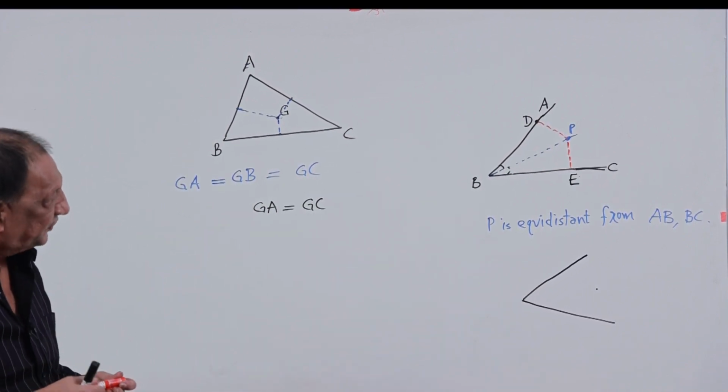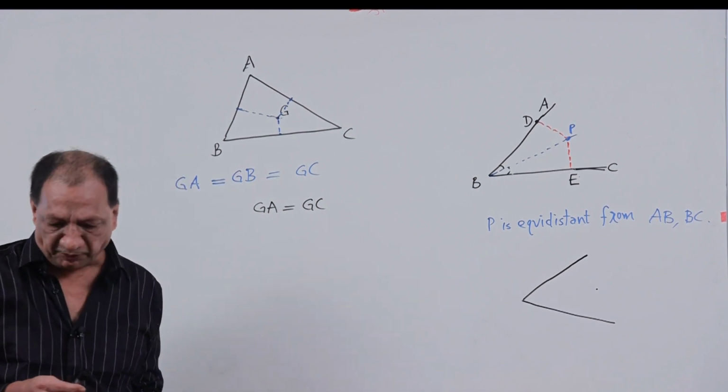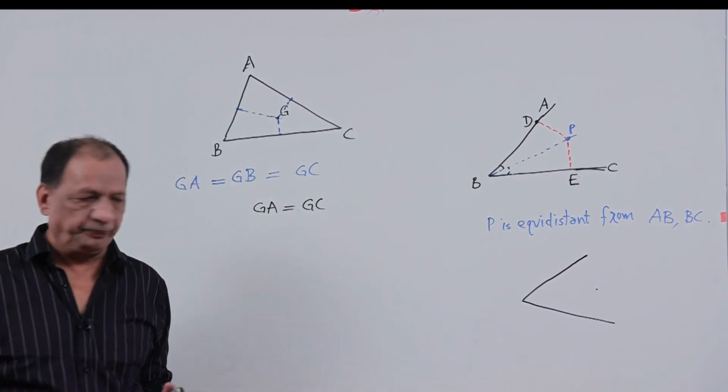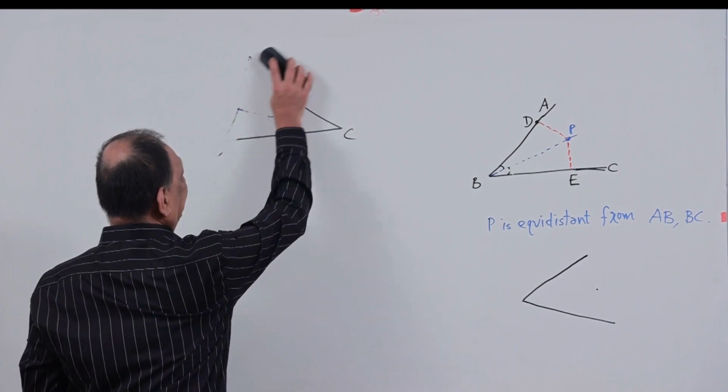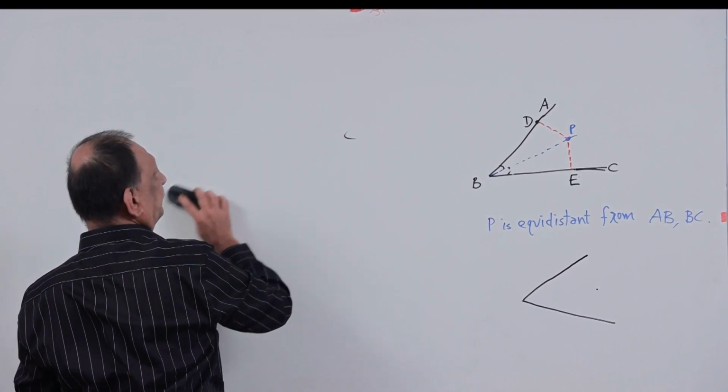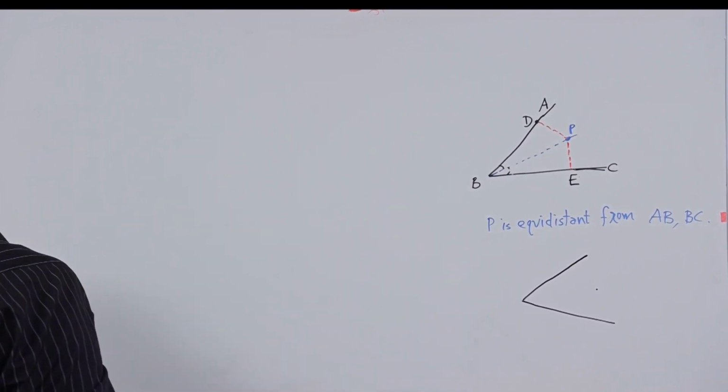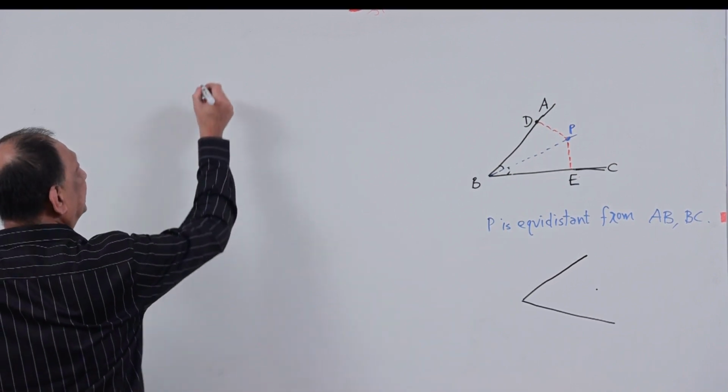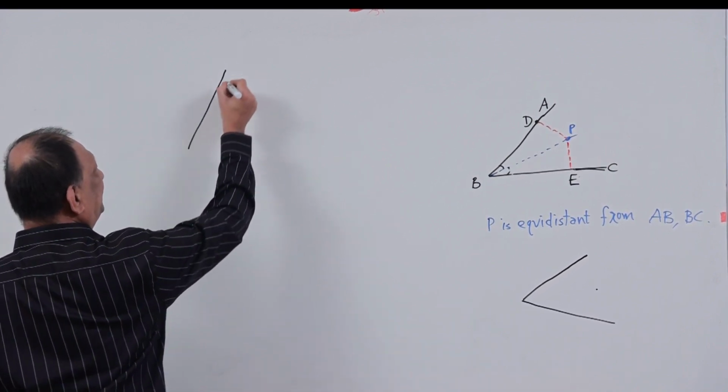So now we make use of that property of angular bisectors to prove that they are concurrent. That's a two-line proof again. So as usual, I have a triangle ABC.